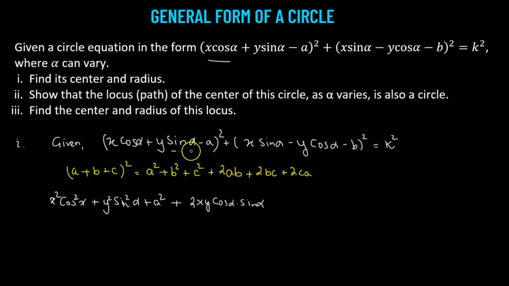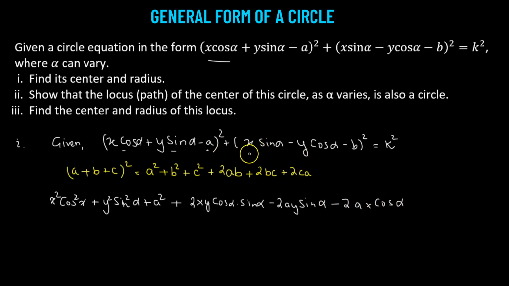Next we have 2 times the second and third term, and since the third term is negative a, we get negative 2ay sine alpha. Then 2 times the first and third term gives negative 2ax cosine alpha.